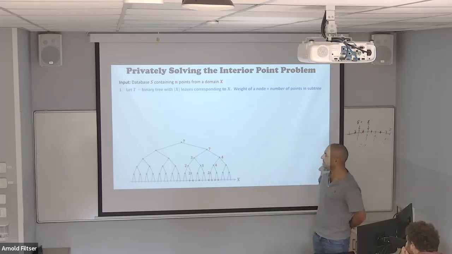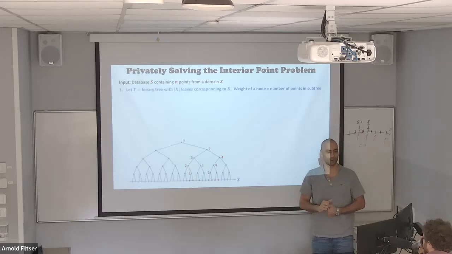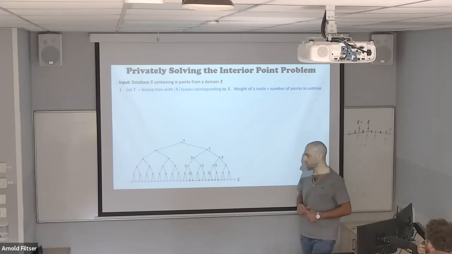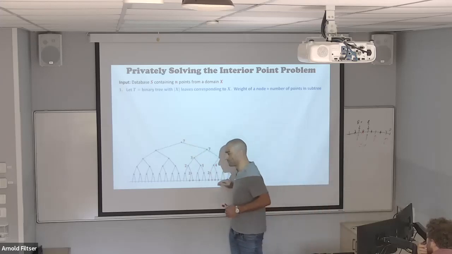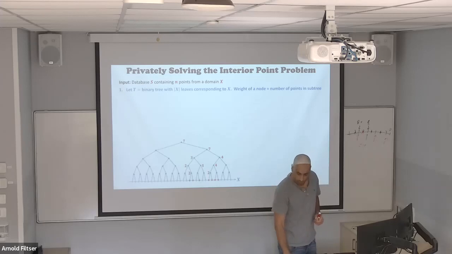And I assign weights to all of the nodes in the tree. What's the weight of a node? It's just the number of input points that belong to its subtree. So the root has full weight.